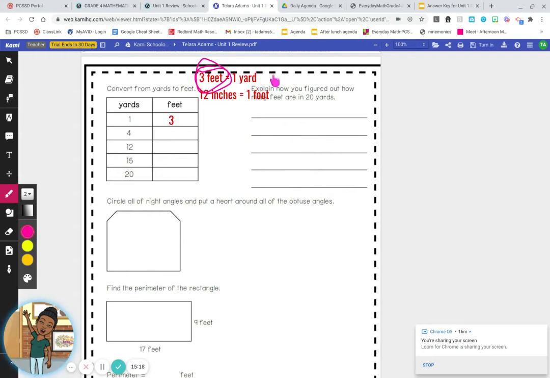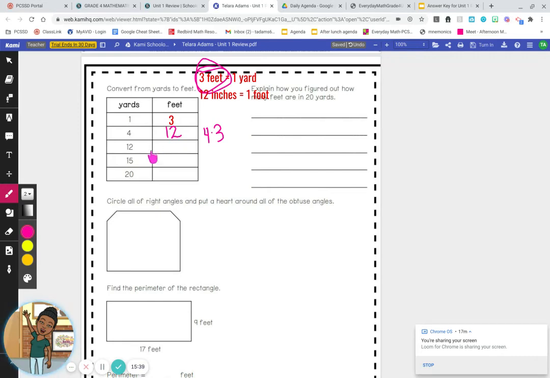So if you have 2 yards, there are 6 feet. And you would keep going. If I have 4 yards, you're going to multiply 4 times what? 4 times 3, because of the 3 feet in a yard. And we know that's 12.